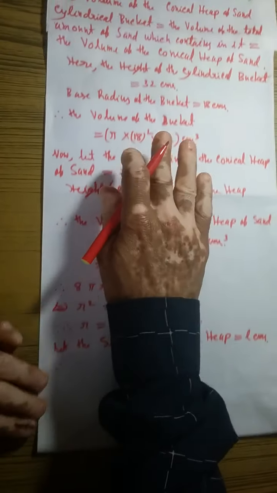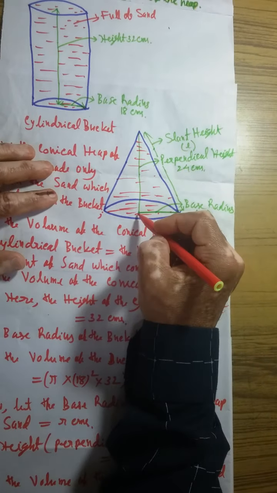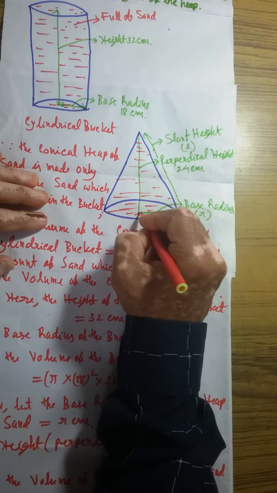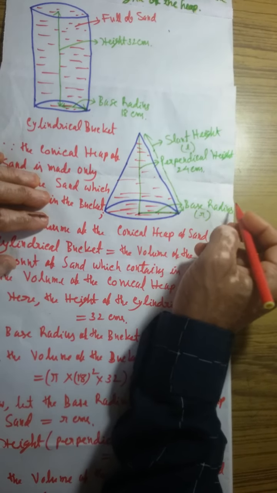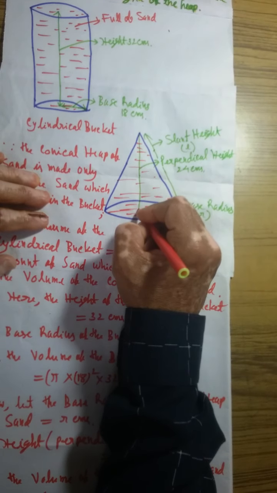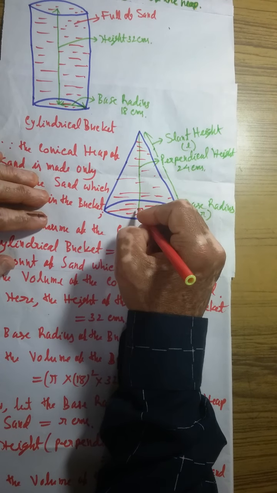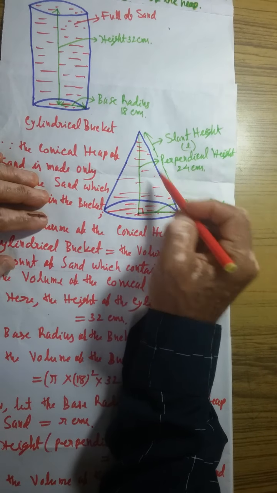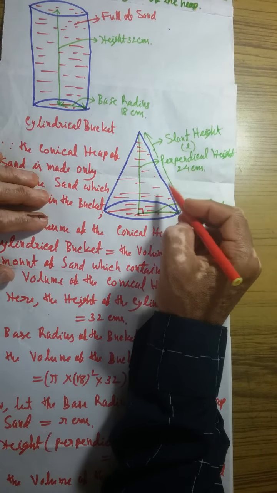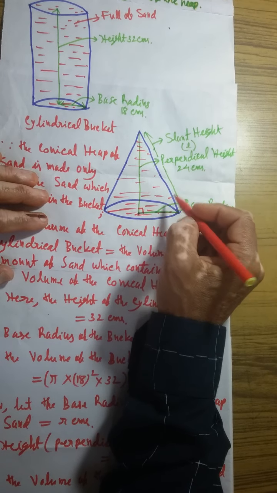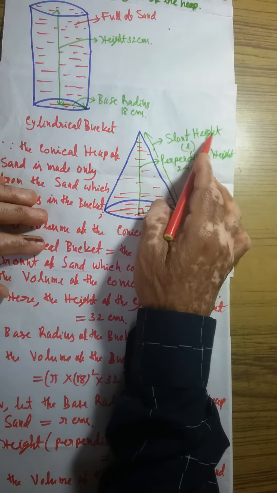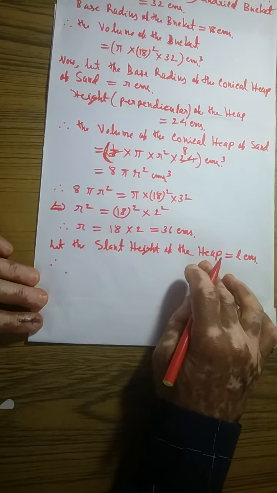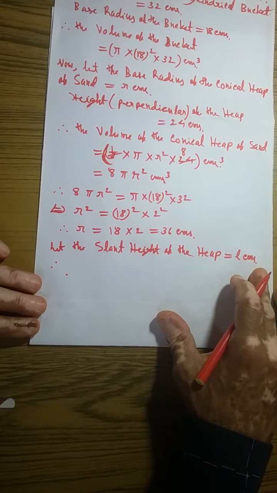This one is the perpendicular height, this will be the midpoint, and this one will be the base radius of the conical heap. So here we will get a right angle. In this case, we can use the Pythagoras theorem to determine the slant height of this conical heap. So let the slant height of the heap equal L centimeters.